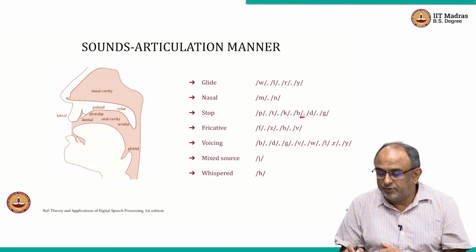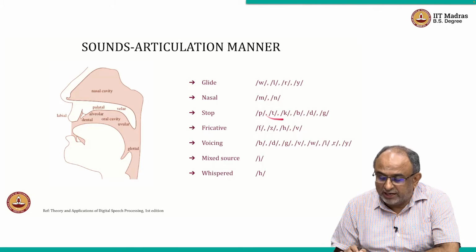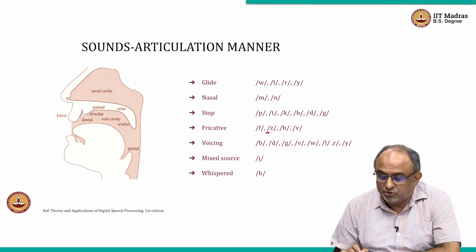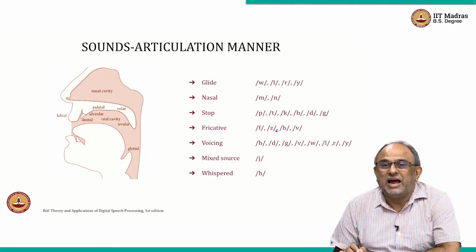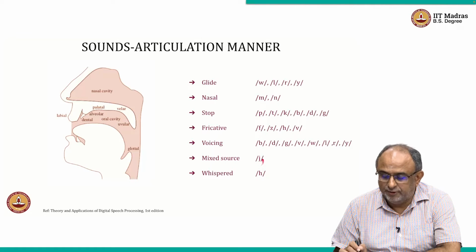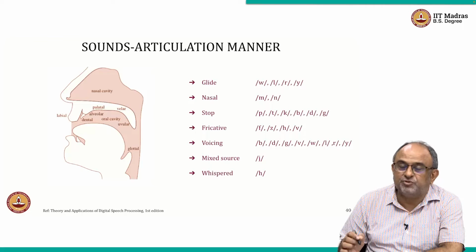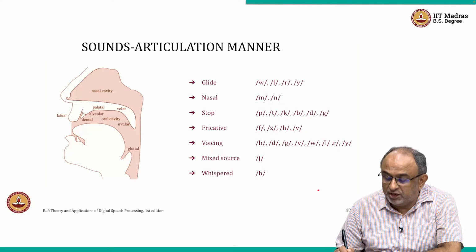So these basically are one category, the stops. Then there are f, sh, z, all these things, which are basically going to be what you call fricatives, and then ha, which are mixed source and whispered. I'm not going to go into the details, but when you write, you'll see a lot of these things are common.